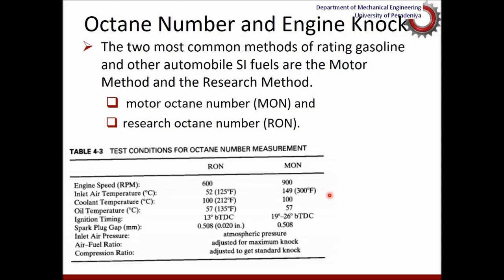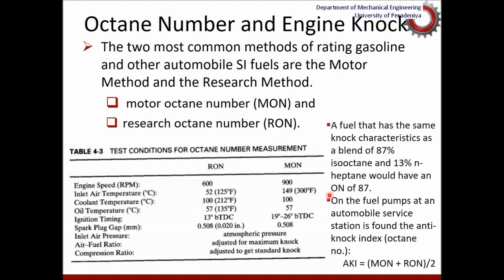And based on these two experimental values, the practical octane number that we see in fuel is obtained as an average of these. So in fact, what we see here is the anti-knock index, that is motor octane number plus research octane number divided by 2, and that is what you get from the pump.